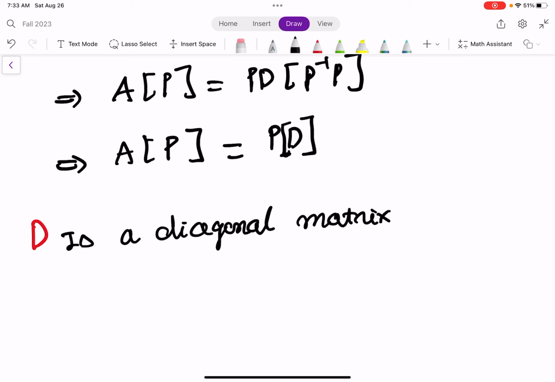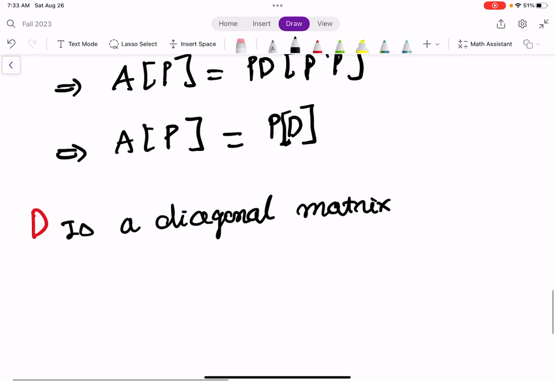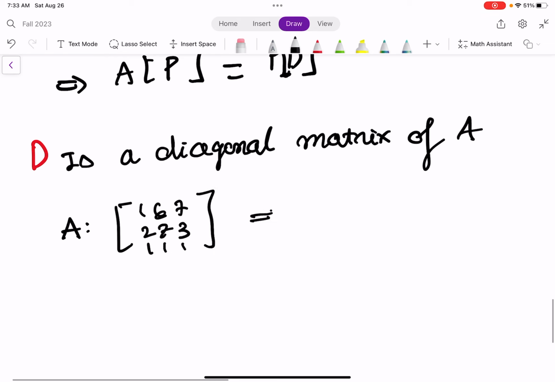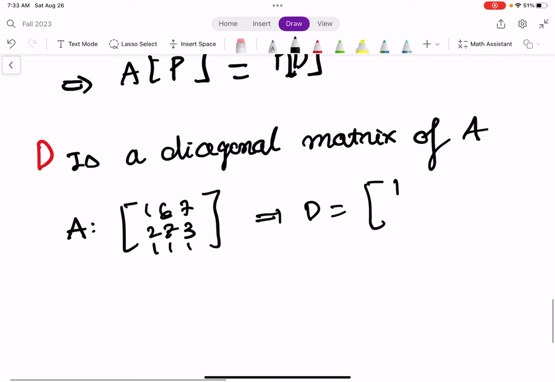Of A. So it depends on how many entries A has, D will have that. So for example, your A matrix is gonna be like 1 6 7, 2 4 7, 3 1 1 1. So D will look something like 1 2 3, and then the rest 0.